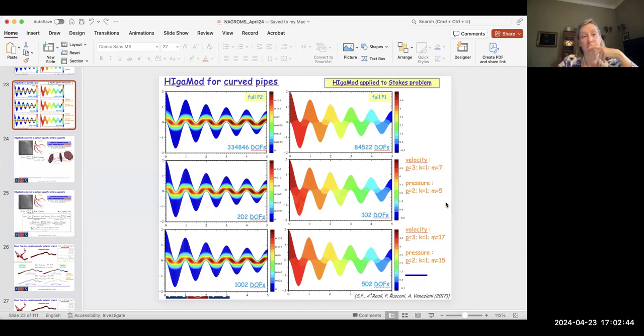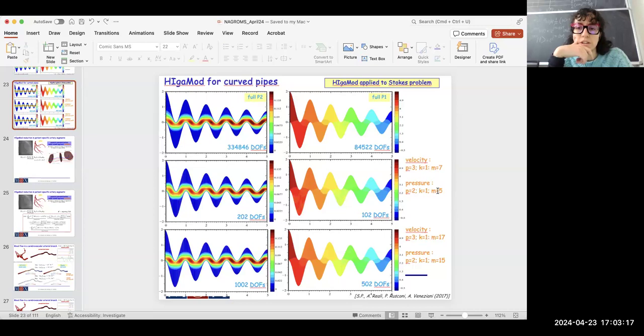But from the investigation we are carrying out together with Thomas, it seems that the geometry plays a role. If your geometry is more regular, probably this mismatch is not necessarily demanded, while if your geometry becomes more complex, probably you have to move to this rule.